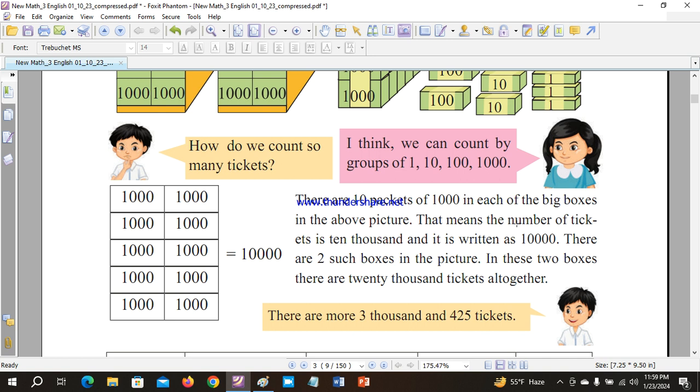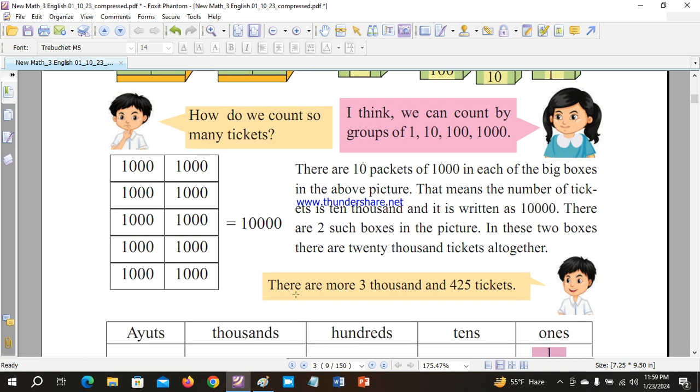That means the number of tickets is 10,000, and it is written as 10,000. There are two such boxes in the picture. In these two boxes there are 20,000 tickets altogether.